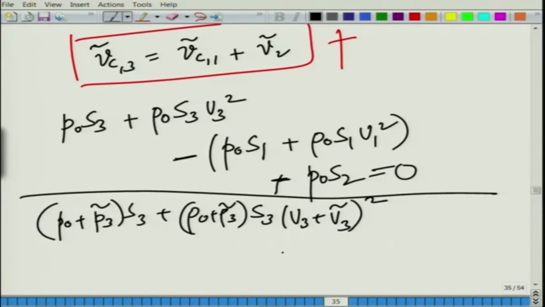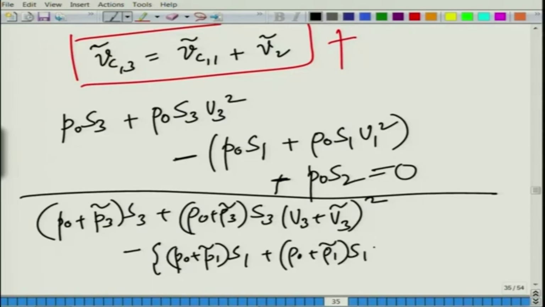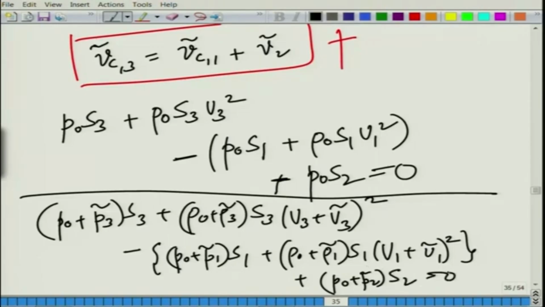So, this thing will be equal to your P naught plus P1 into S1 plus rho naught plus rho 1 tilde S1 and U1 tilde square plus P naught plus P2 tilde S2 is equal to 0.